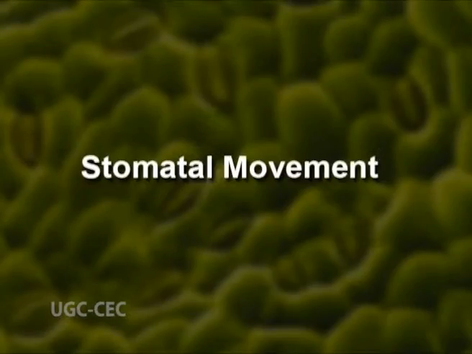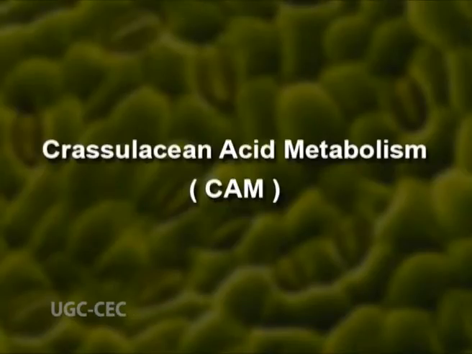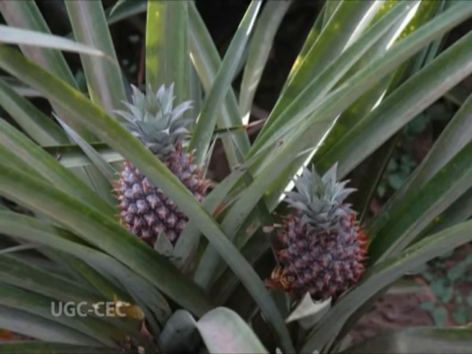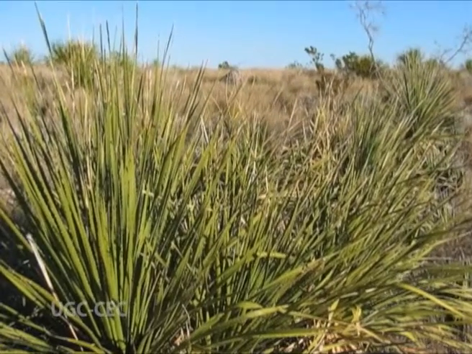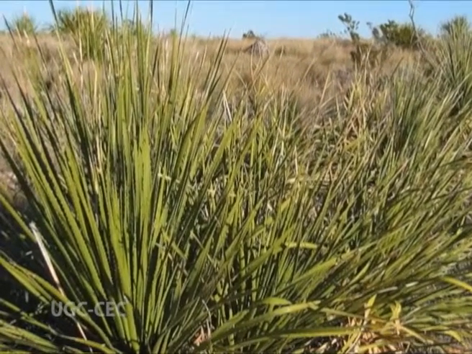Stomatal movement. The stomata is the plant pore through which water primarily escapes in the process of transpiration. But in plants that exhibit Crassulacean acid metabolism, that is CAM photosynthesis, like pineapple and many desert plants, the stomata close during daytime and open at night.